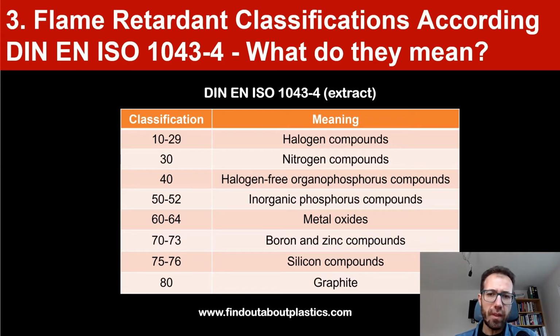And for example, in case you want to overmold copper, like in a bus bar application with a polyamide, which needs to have a certain flame retardant level, attention should be given to use flame retardants from classification 40.